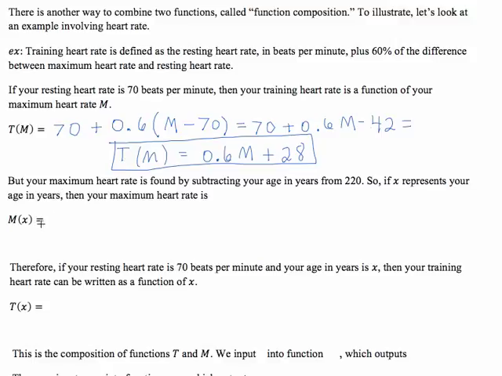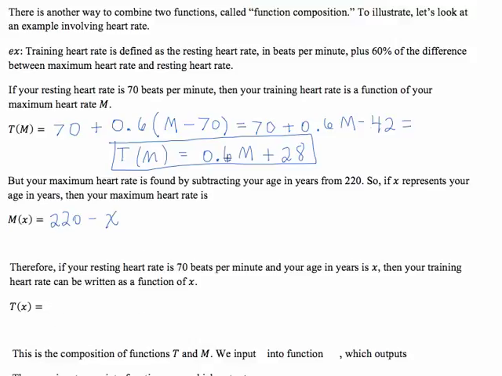If X represents your age in years, then your maximum heart rate is 220 minus X. So your training heart rate depends on your maximum heart rate, and your maximum heart rate depends on your age X. So, still assuming your resting heart rate is 70 beats per minute, if your age in years is X, then your training heart rate can be written as a function of X.